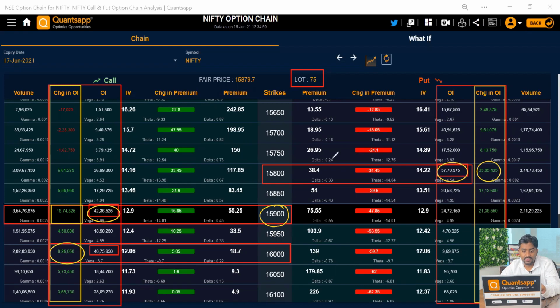On the downside, if we check the put sellers, we get this value as 15,800. So here we have the highest value. What does that mean? It means that if the market is likely to fall, it will not break 15,800 on the downside. Now, looking at this analysis, we can say 15,800 is working as a good support level for the market. Even if the market falls, it will likely take support at this price.